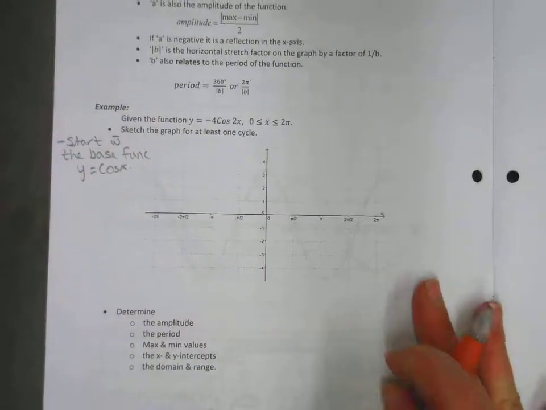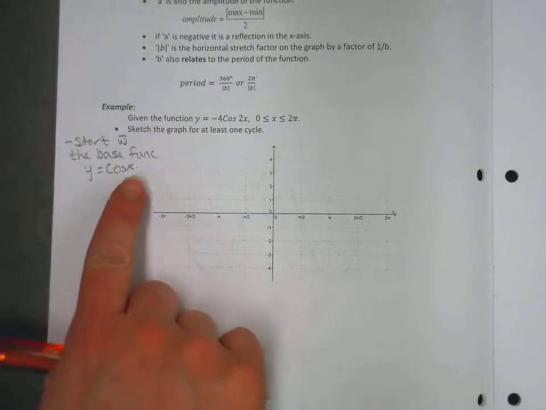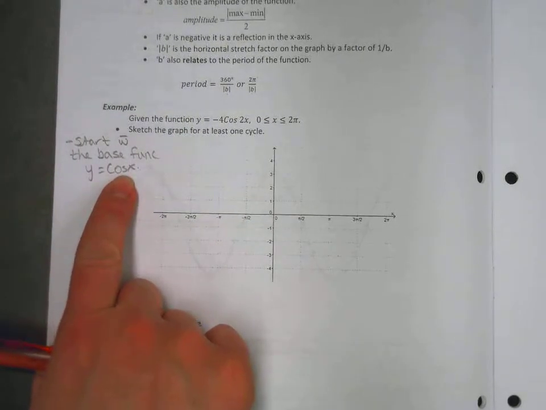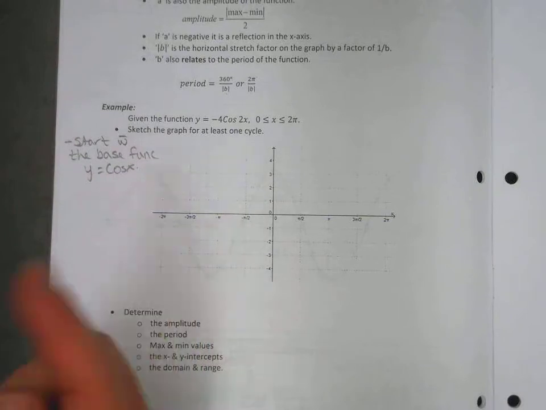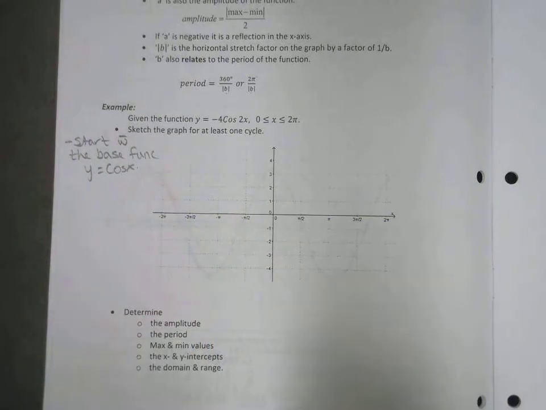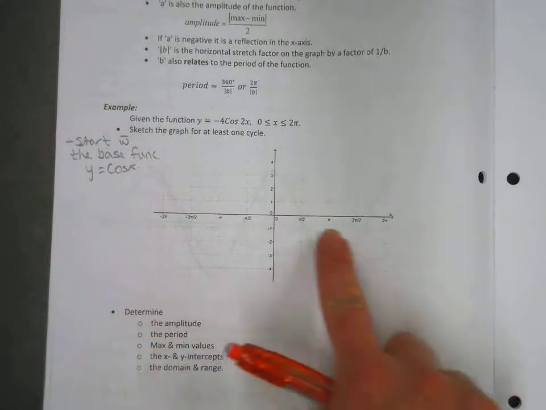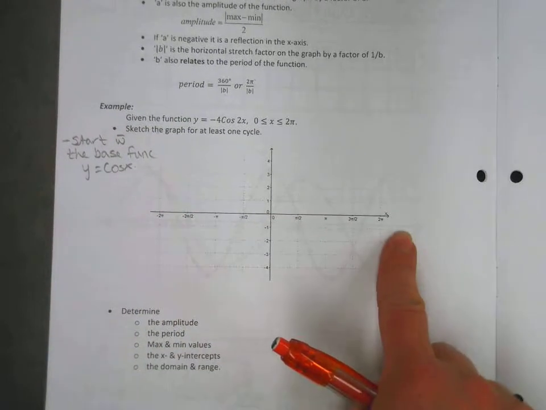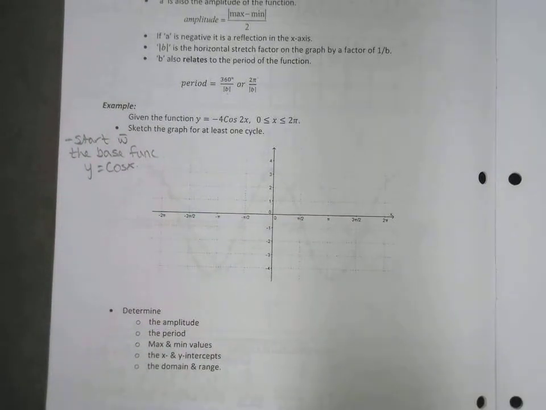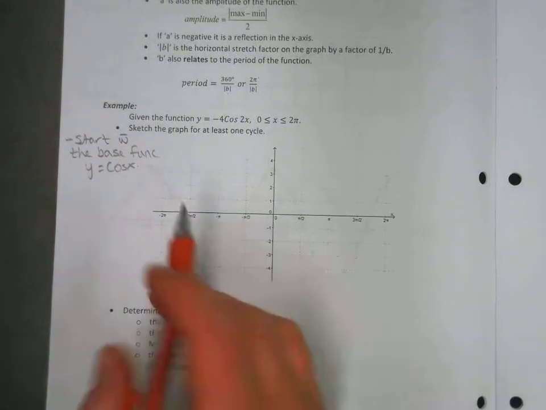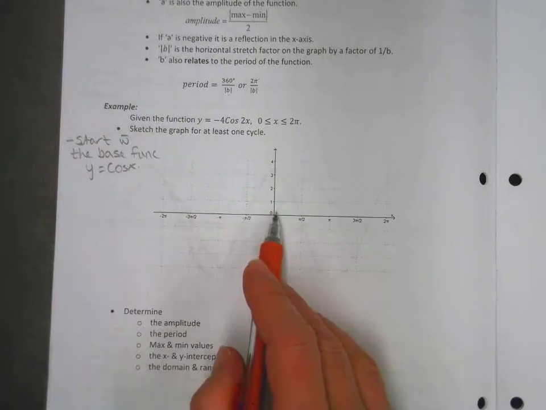Some characteristics from yesterday: this base function, cos of x, has an amplitude of 1. It has a period of 2 pi in this case, because your x-axis is in radians. And the start point of my graph, so that's why start point is important, is at 0, 1.